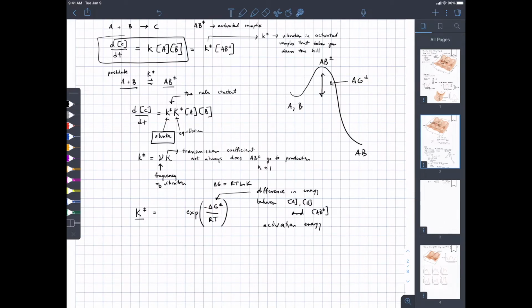So we have the activation energy divided by RT, and then in front of the exponential we have a couple of terms that are necessary from the statistical mechanics point of view: Boltzmann's constant, temperature, Planck's constant, and then the vibrational frequency is going to show up there as well.